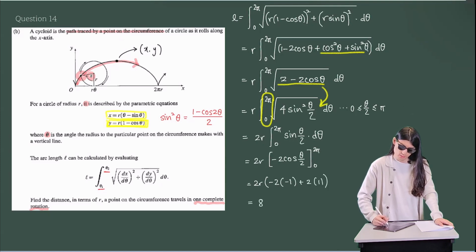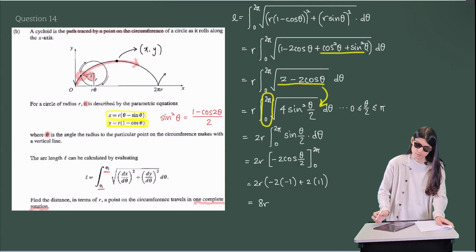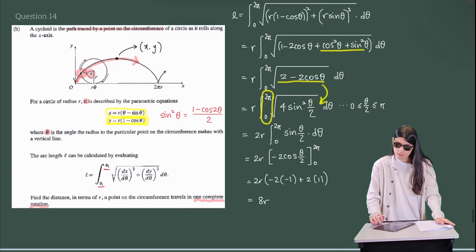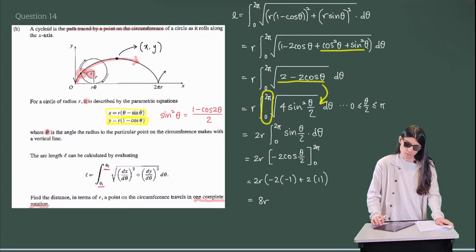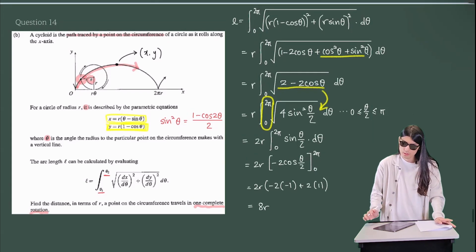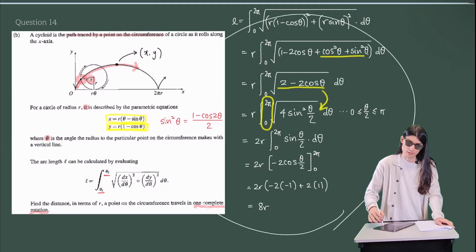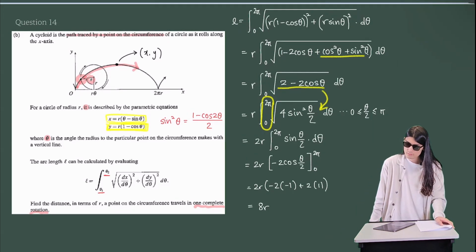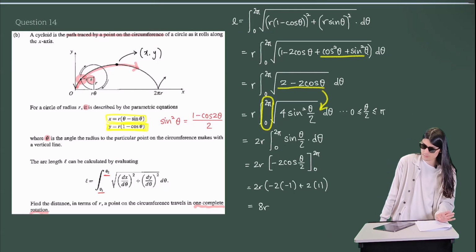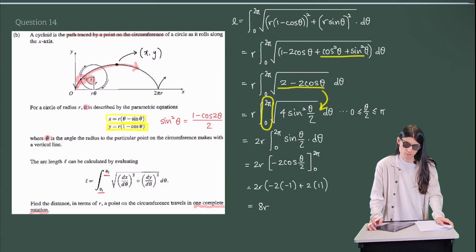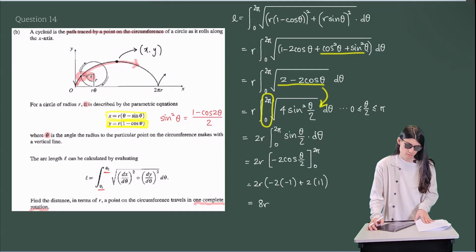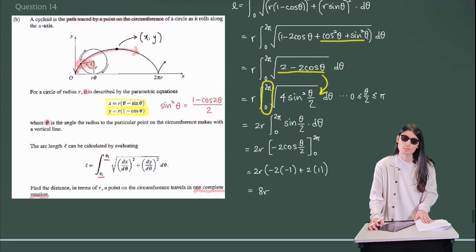And then you get 2 times 4, so 8r as your answer to the question. Okay? And if you look at the working out that I've done, not even a page long. As I said, all this for 5 marks, probably a bit too much.